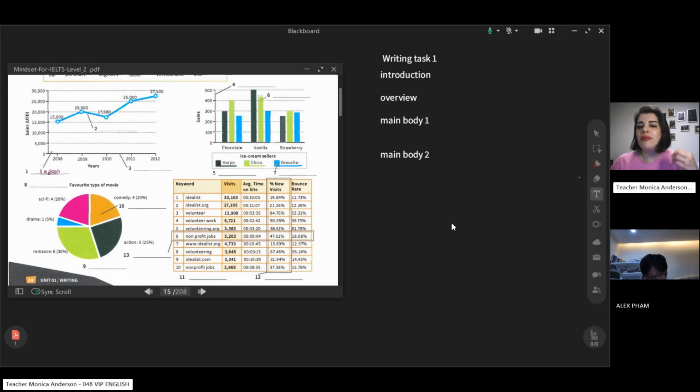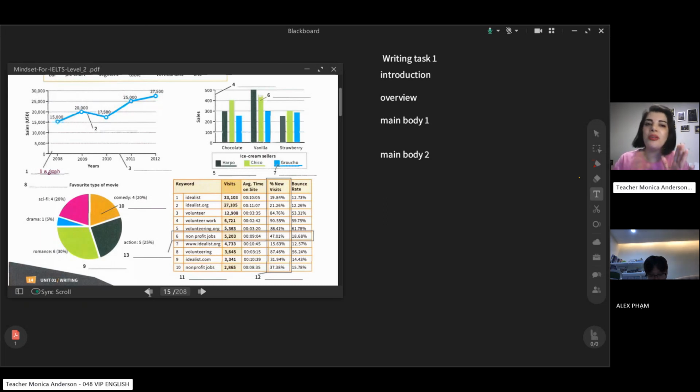Some candidates make mistakes when writing the overview or conclusion. An overview is not a conclusion. It's different because we don't have a conclusion in task one. Maybe it can be like a conclusion, but it's an overview: a summary of what you see, the main general trend, with no details, no figures, nothing. In academic task one, you will see a visual. A visual means a diagram or chart that you need to describe.